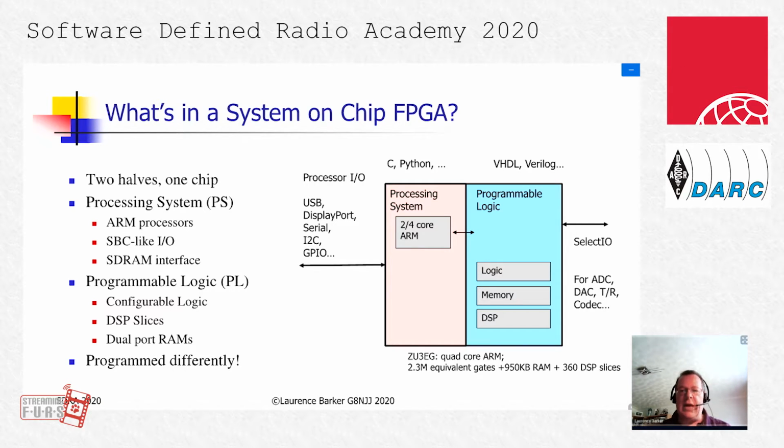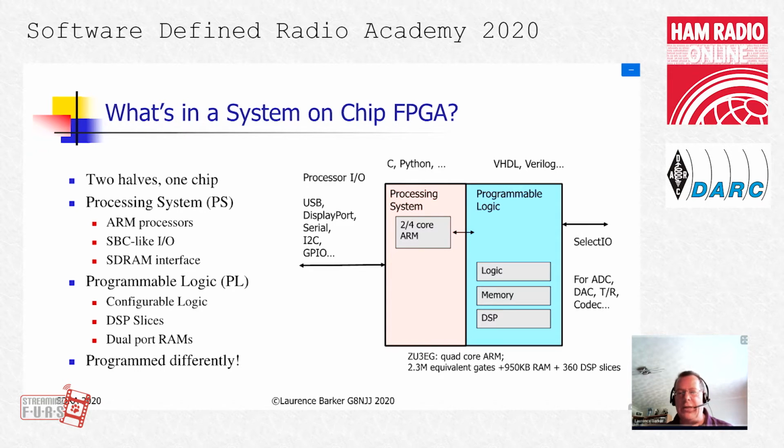On the right-hand side, we've got the programmable logic part, which is the conventional FPGA. That's made from 3 things. It's got a lot of logic, it's got a reasonable amount of block memory, and it's got some signal processing resources, basically multipliers and adders. The chip that's on the boards that I described has got roughly 2 million gates of logic.